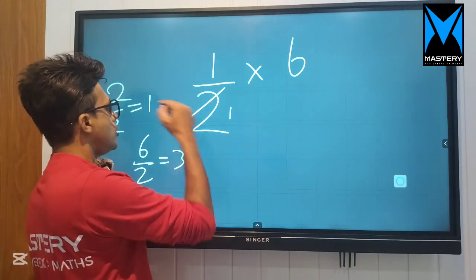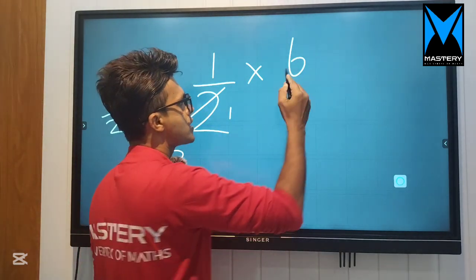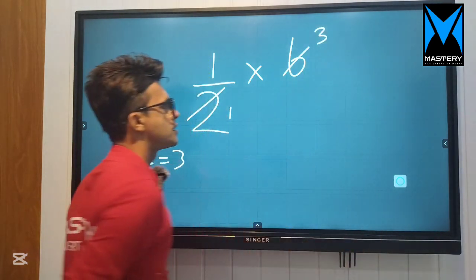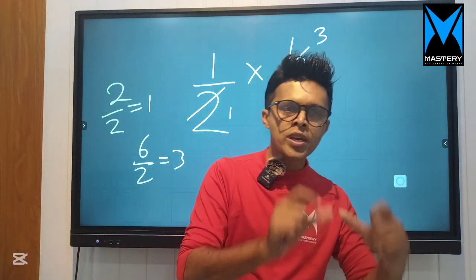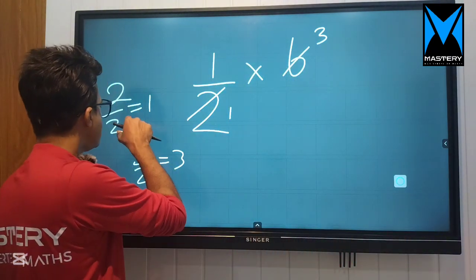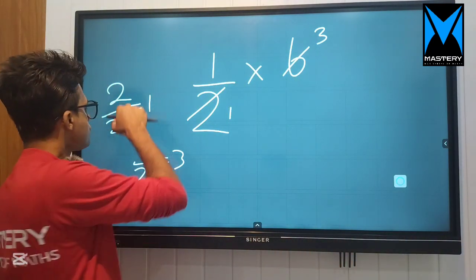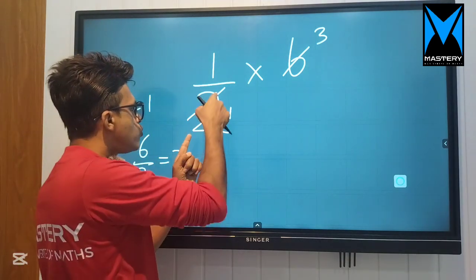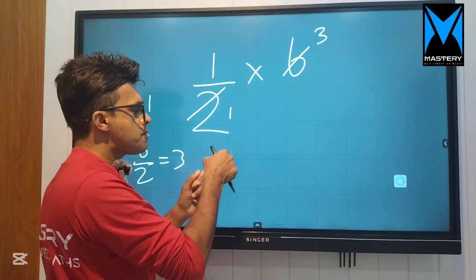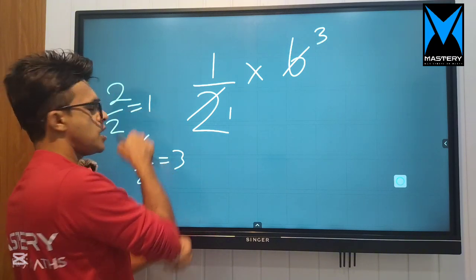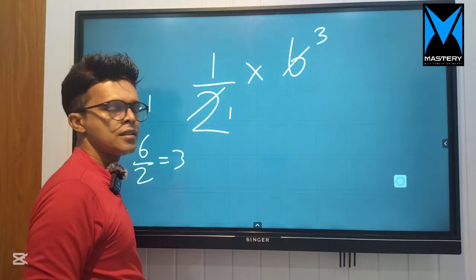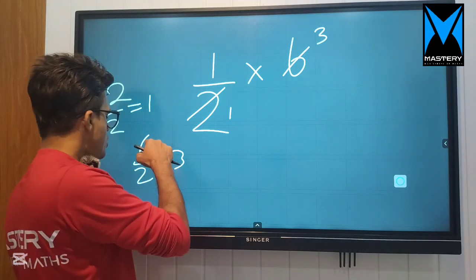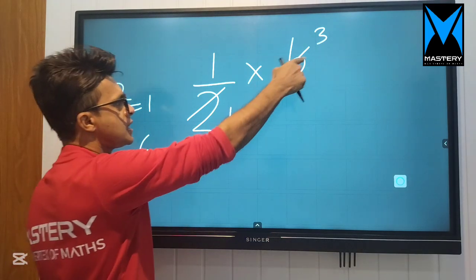Which means 1 time, 3 times. What did I do here? 2 was divided by 2, and 2 upon 2 is 1. This is read as one time. When you divide 6 by 2, the answer is 3.